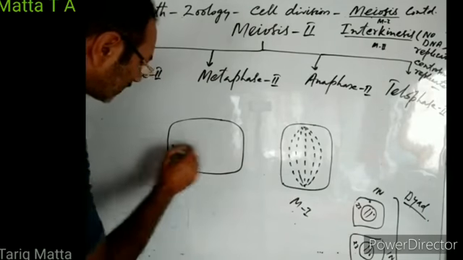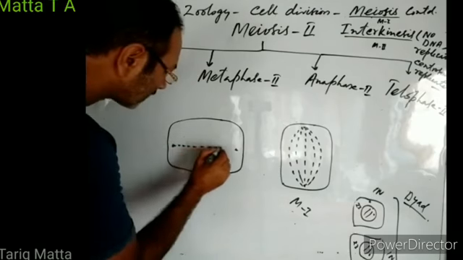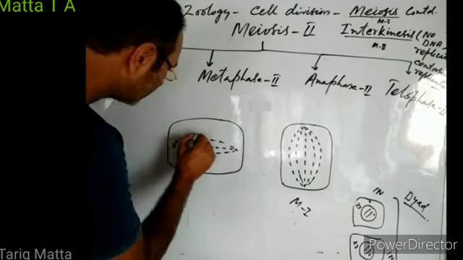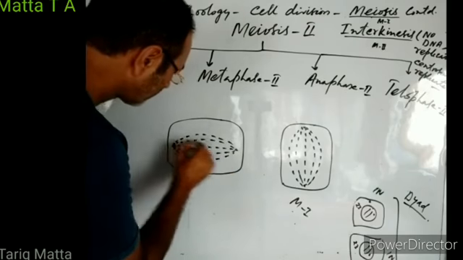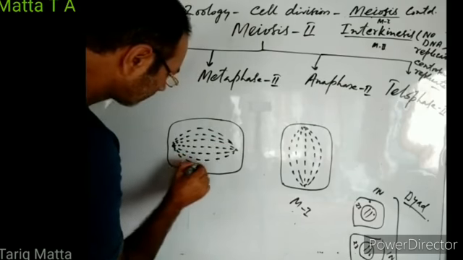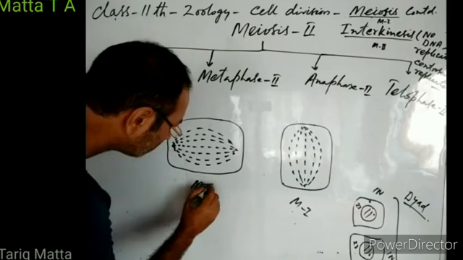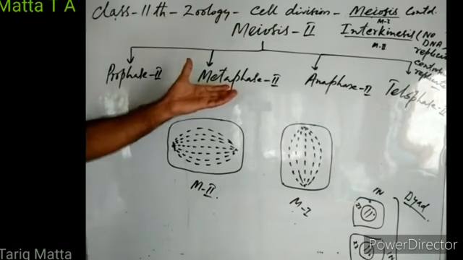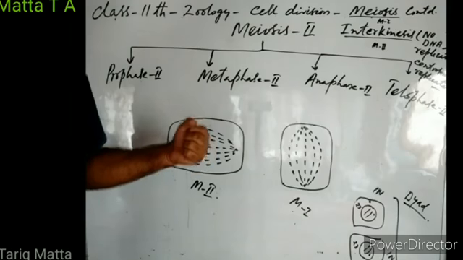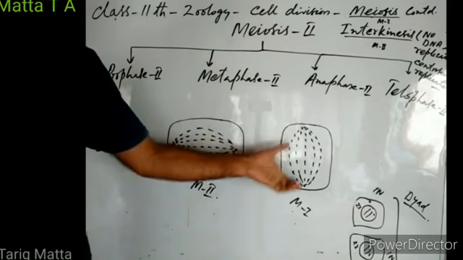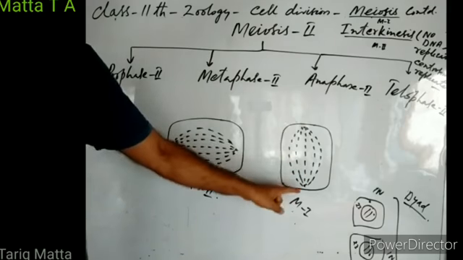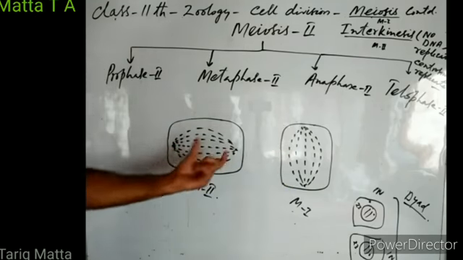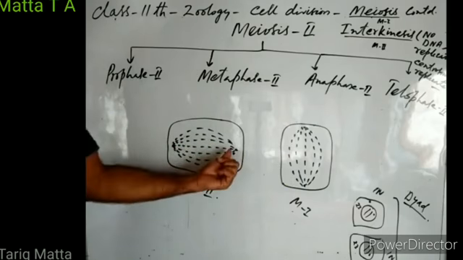This is the meiosis second spindle, and you have to keep it in mind. So the spindle formation will take place like this, at right angles to the spindle of meiosis first.